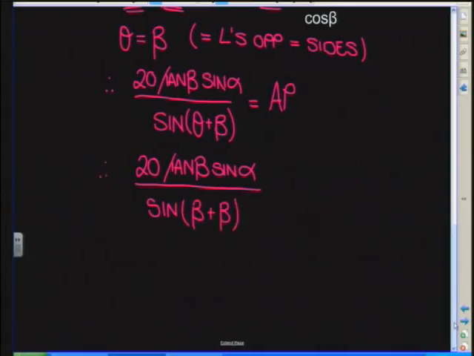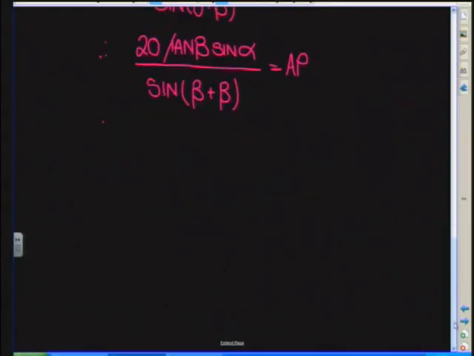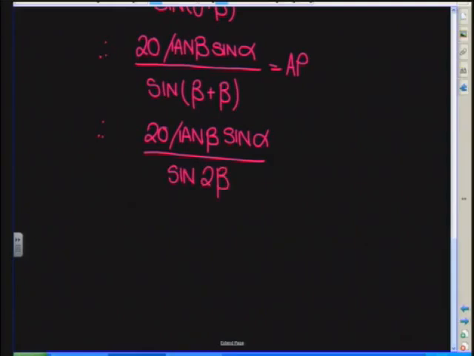And that is equal to AP. So if I tidy that up one more step, I'm going to say 20 tan beta sine alpha over, and you guys agree that what I've actually got here is sine of 2 beta. All right? We've got sine of 2 beta.